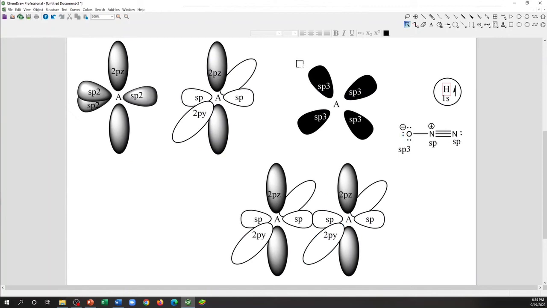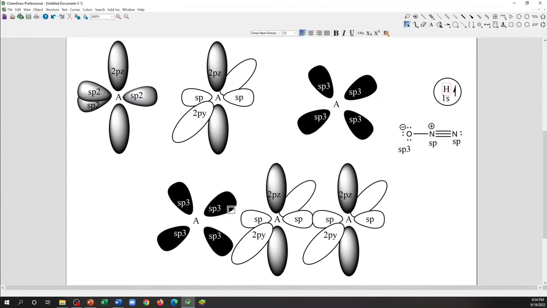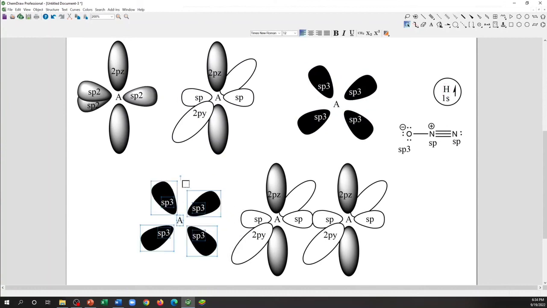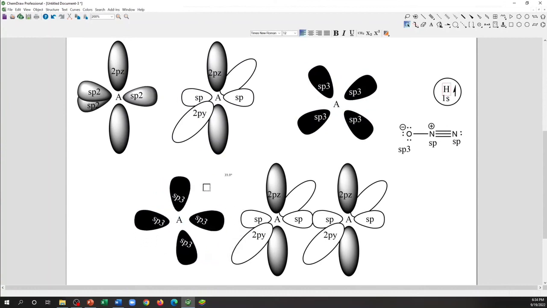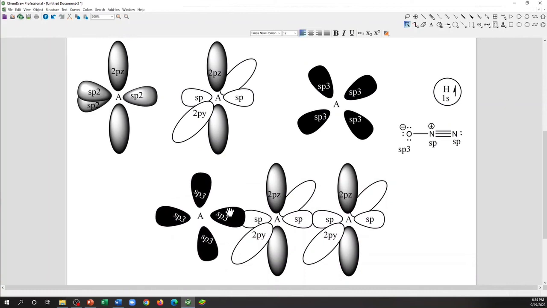The oxygen out here on the end is sp3 hybridized, so we grab the sp3 hybridized version, and I'm going to rotate it just a bit so that I can connect this to the other sp. We'll go ahead and draw in our atom labels. So this is an oxygen, this is a nitrogen, and this right here is also a nitrogen.